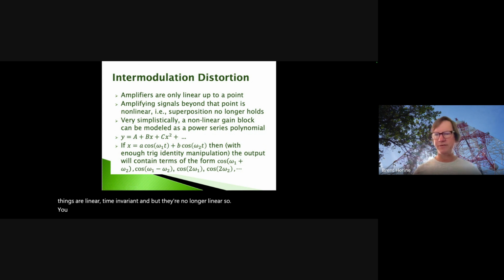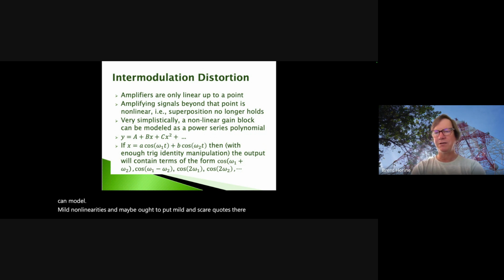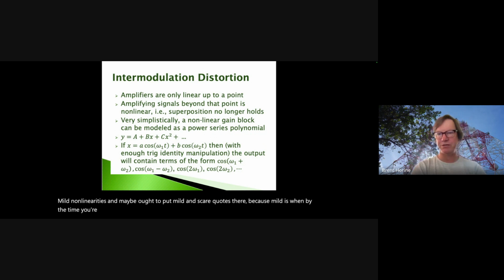So if you're doing a very sophisticated analysis, you'll maybe use what's called a Volterra series, which can model mild nonlinearities, and maybe I ought to put mild in scare quotes there, because by the time you're using a Volterra series, you're dealing with a lot of nonlinearity, perhaps. And it's a series, and we include a certain number of terms to it.